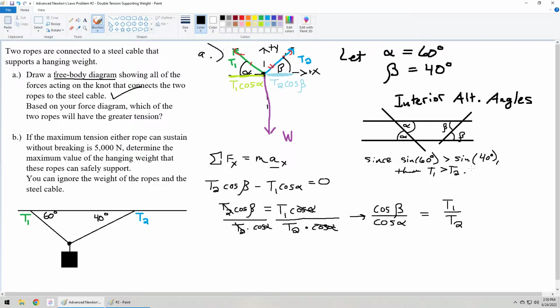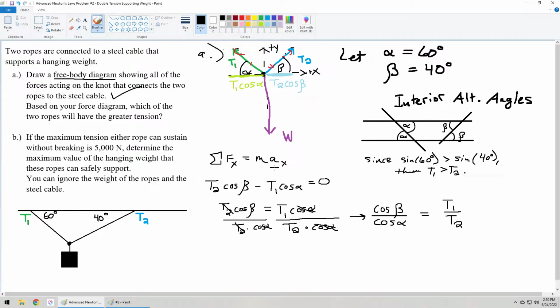I don't think that's an extremely strong statement, given that it uses trigonometry and doesn't use the tools that have been given to us in this chapter where we're using Newton's laws. But I think that's a good place to start. I think that's proper reasoning. So given that type of thought, T1 should be greater than T2.